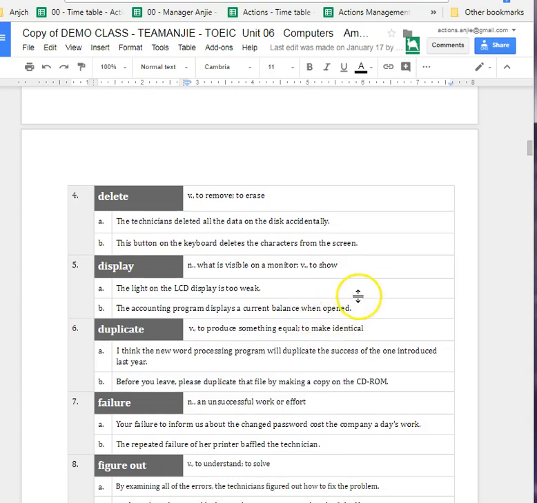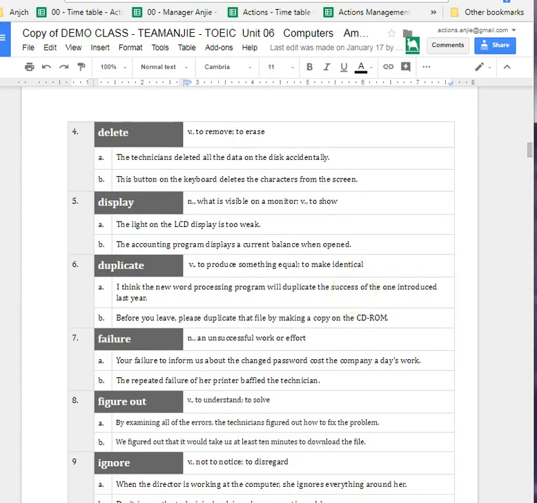Delete. Delete is a verb and it means to remove or to erase. An example is the technicians deleted all the data on the disk accidentally. And another example is this button on the keyboard deletes the characters from the screen. Do you see the delete button on your keyboard?